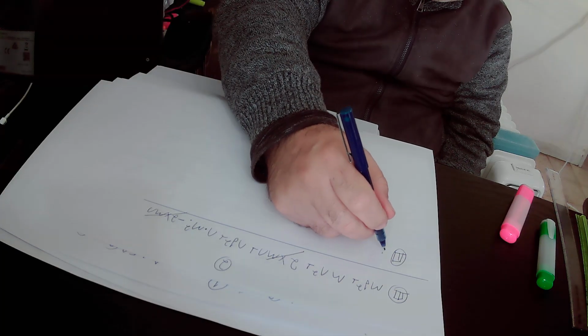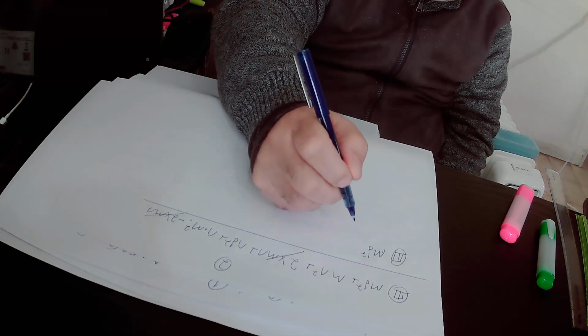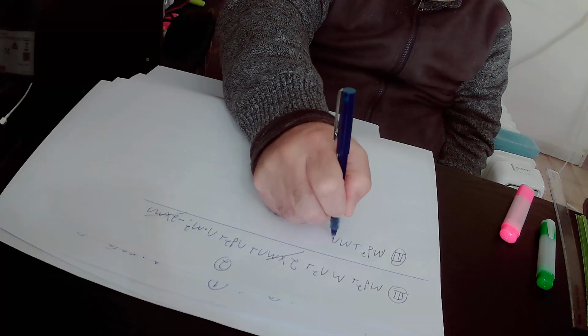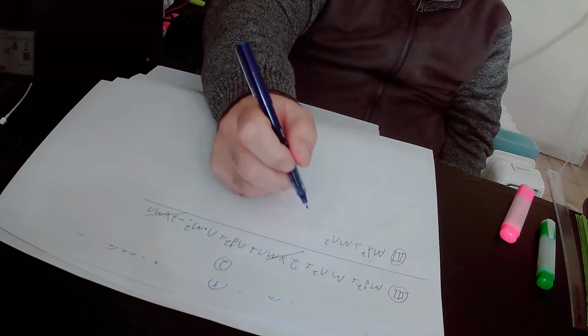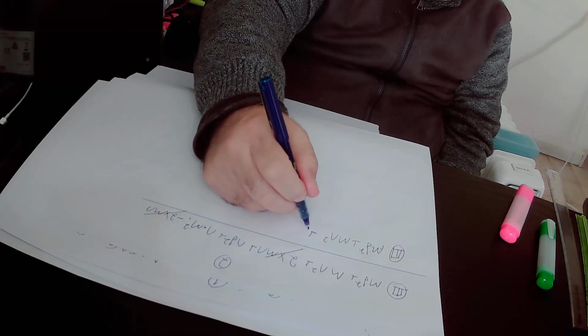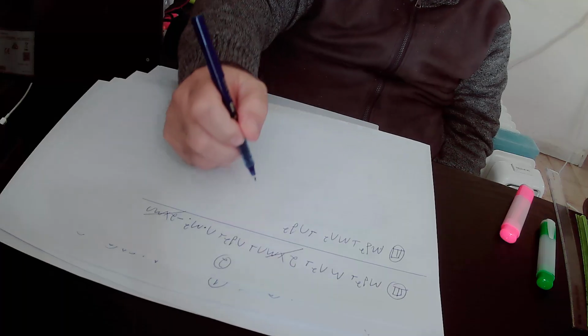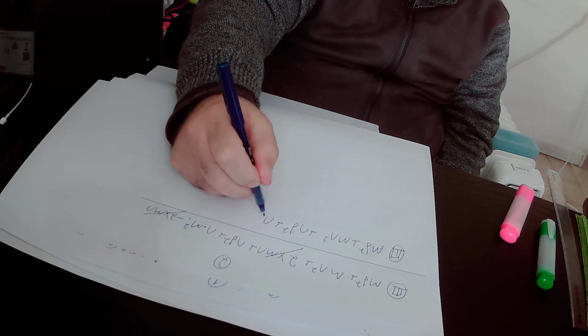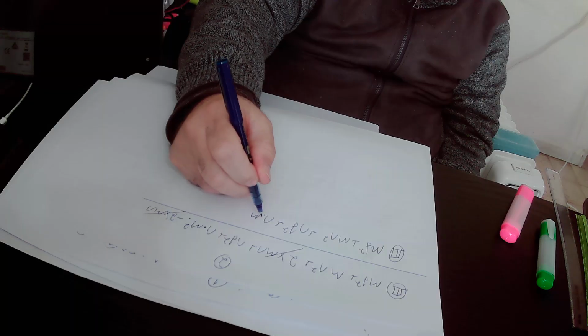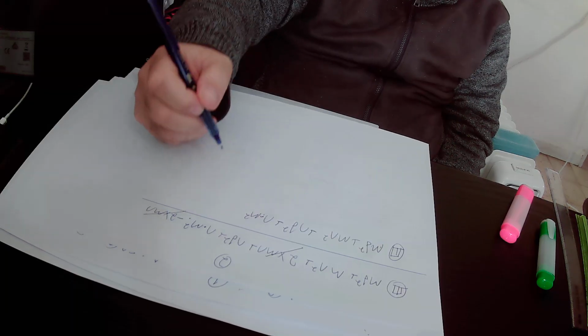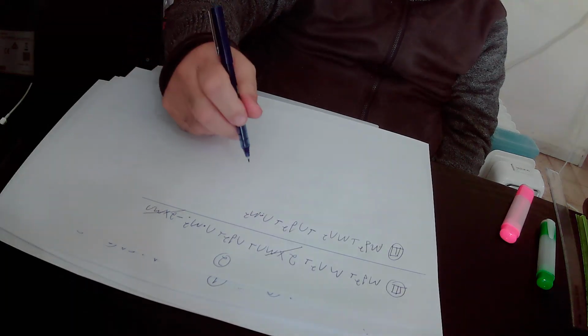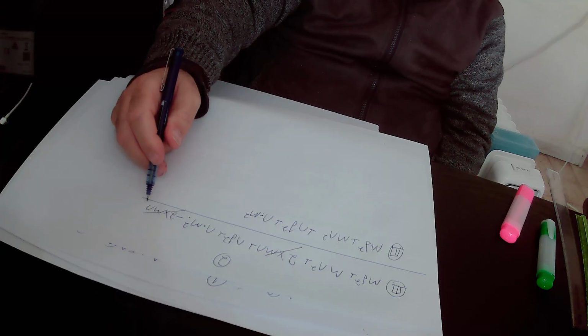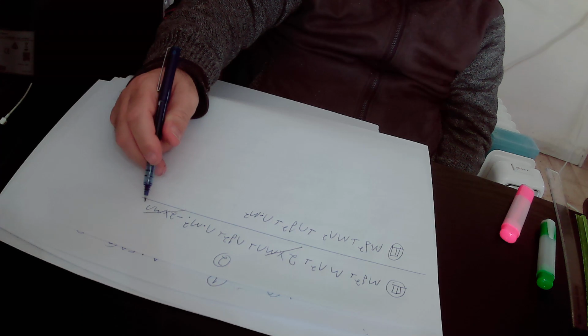We have md square plus mn square plus nd square plus nm square here. I didn't copy the right side of equation number 3.